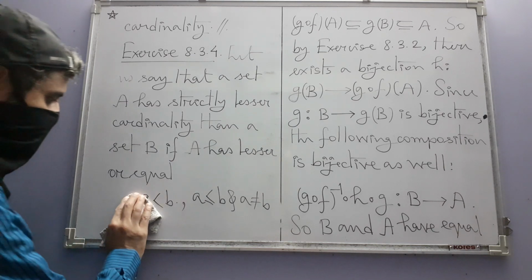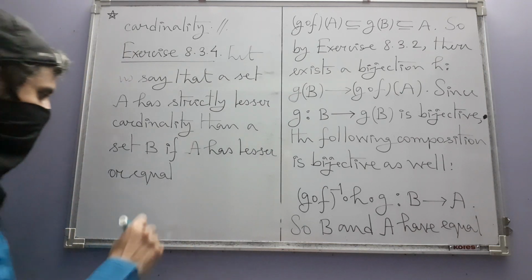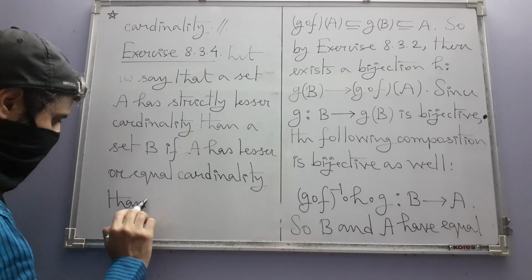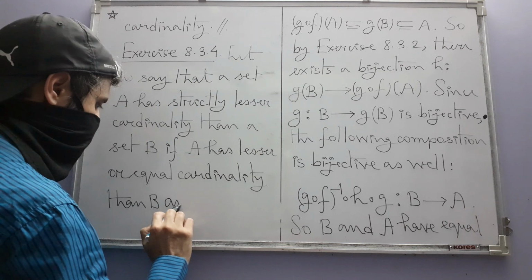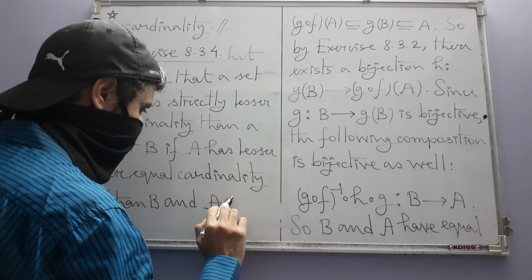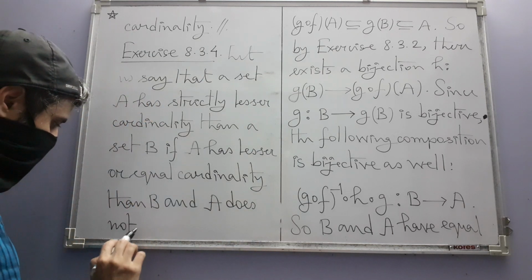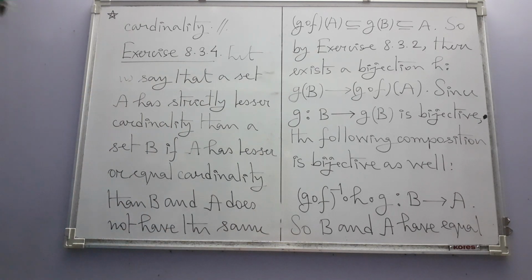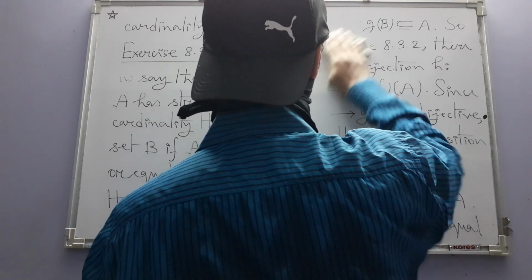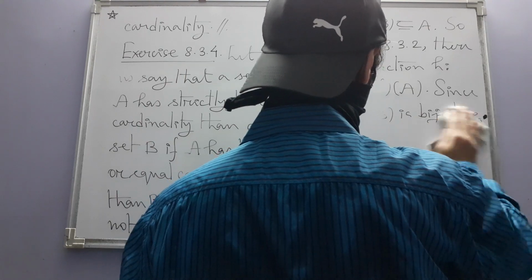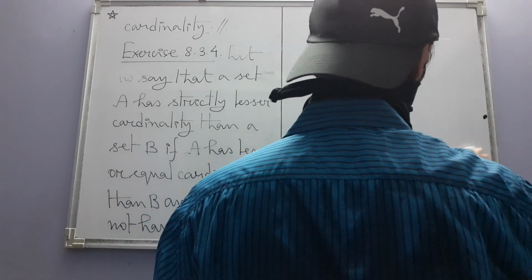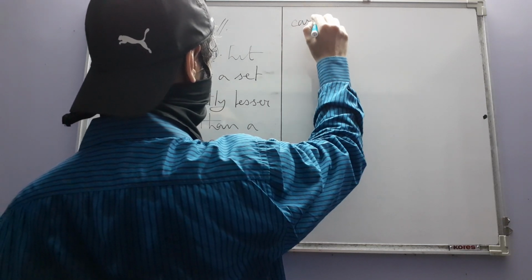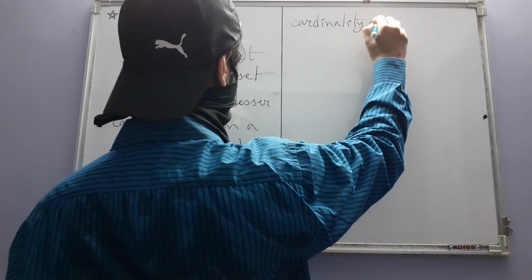So we are saying that A has strictly lesser cardinality than B if A has lesser or equal cardinality than B, and A does not have the same cardinality as B. Maybe that's not exactly how it's given in the exercise in the text, but that's the meaning.